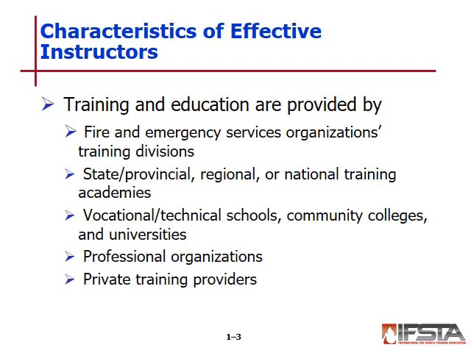Now, other places you can get training can be state, provincial, regional, or national training academies. For example, in Georgia, you have GPSTC, Georgia Public Safety Training Center, and that's a place where not only can you get entry-level training at all disciplines, but you can get advanced level training such as arson, instructor 1, instructor 2, crime scene technician, you name it.